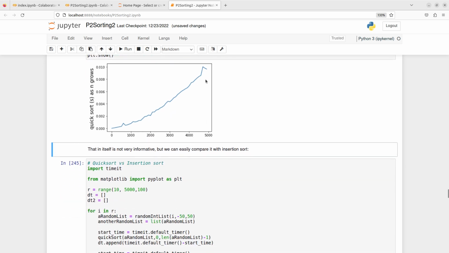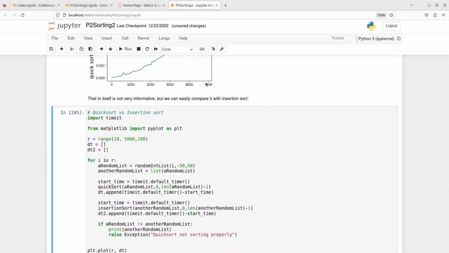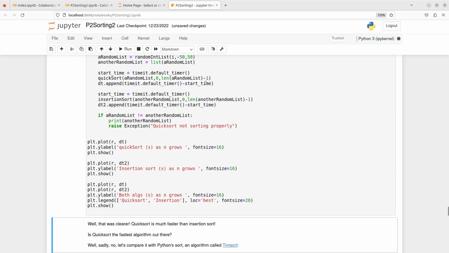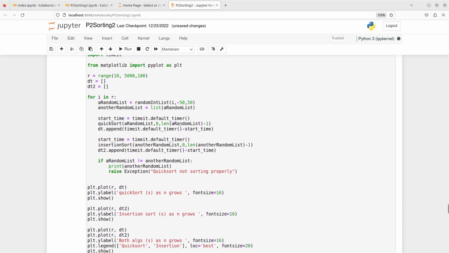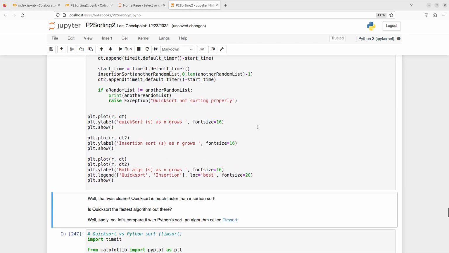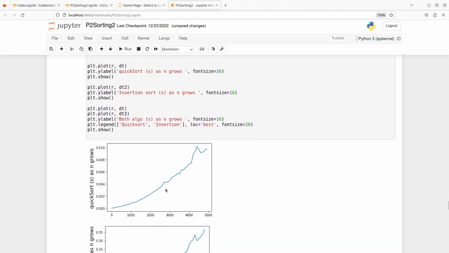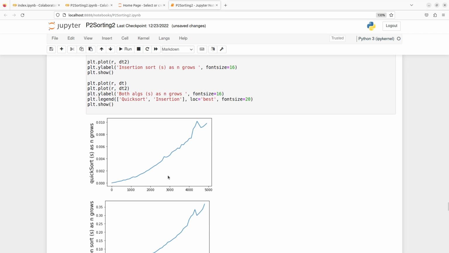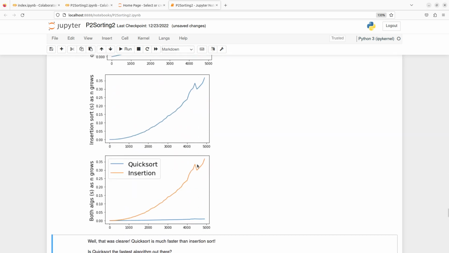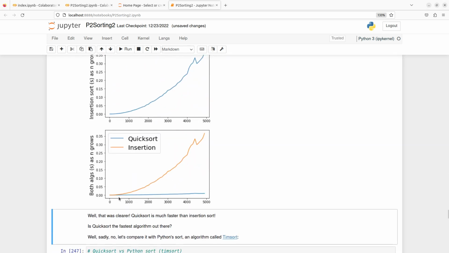Again, when I plot running times, neither the shape nor the value are very informative, but they help me make some comparisons. For example, let's compare the running time of quicksort versus the running time of insertion sort. Okay, here it is. Again, similar shape as before for both, but when I plot them together, whoa, I see that quicksort is much faster than insertion sort.